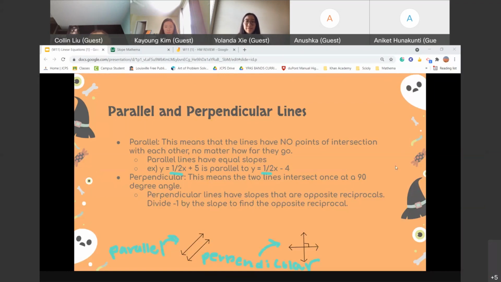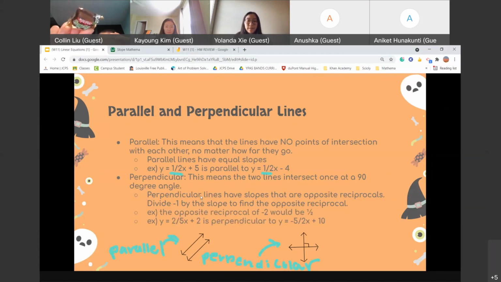So say we have the number 2 as our slope for a line. We're going to find the opposite reciprocal of 2. So first we make 2 negative, that would be doing the opposite, and then we find the reciprocal. So the reciprocal of negative 2 is going to be negative 1/2, because you're just doing 1 divided by negative 2.